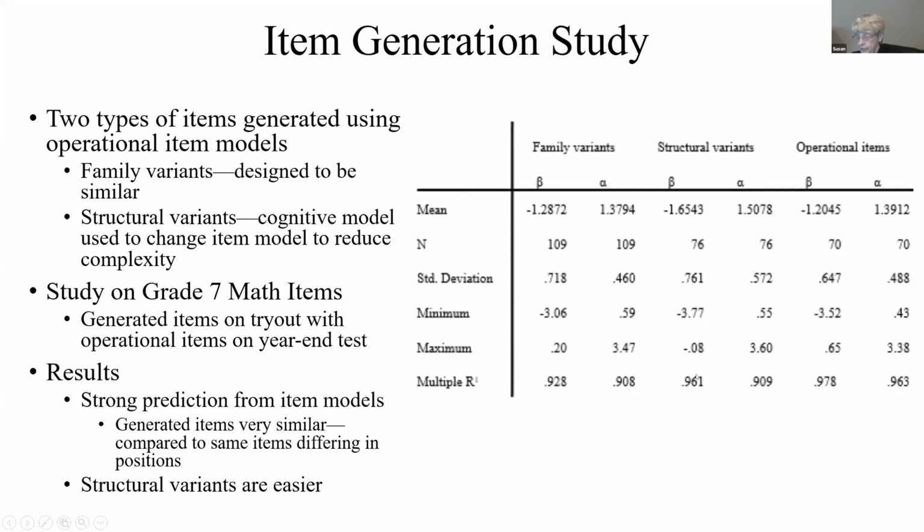These are my changed items, but they have the same structure, the same altered structure. You can see that these correlations are all in the 90s. So that means we're getting pretty good prediction here. And also, if you look at the mean item difficulty, you can see that, in fact, the structural variants of items are easier in general. That's what we designed them to do.